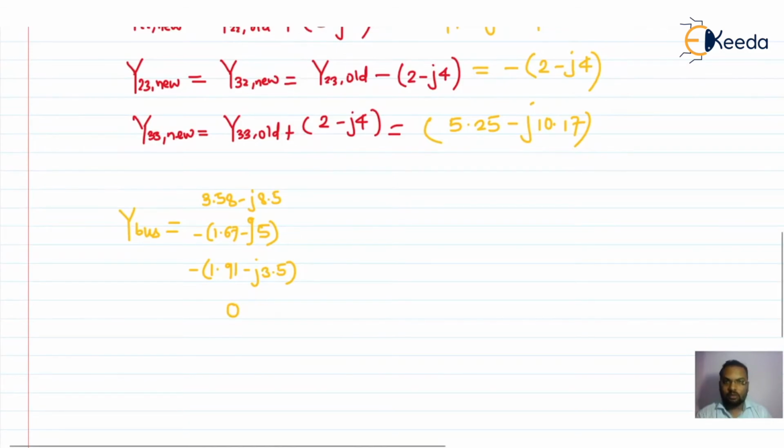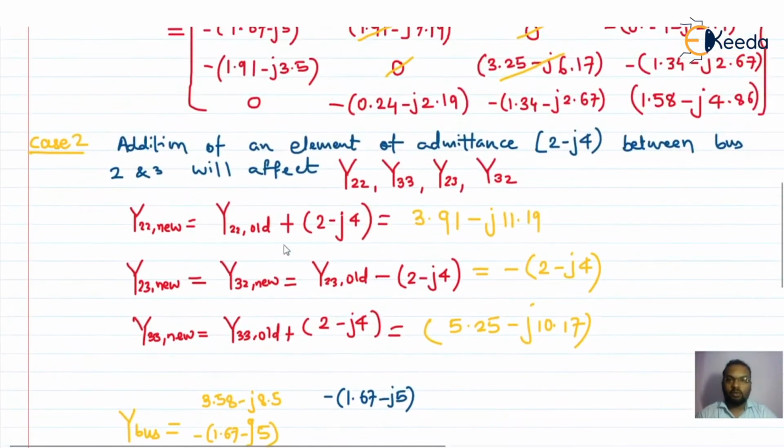Now the second row. The first term is minus of 1.67 minus j5. Then y22, where we have to write the new value.